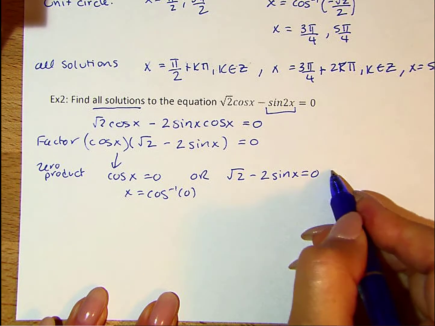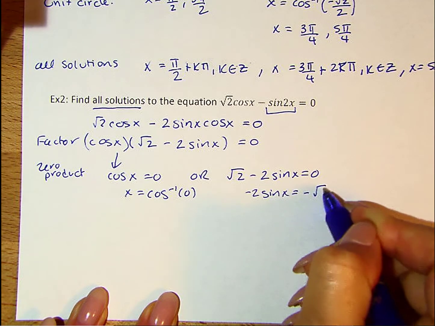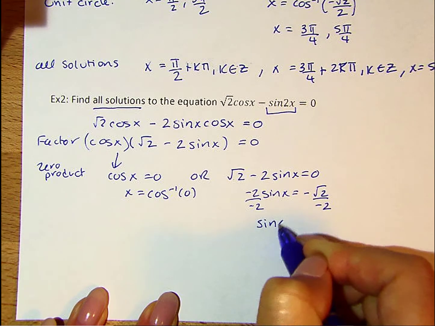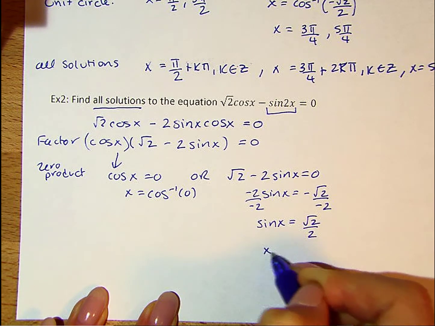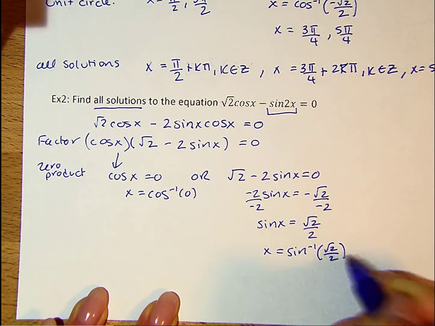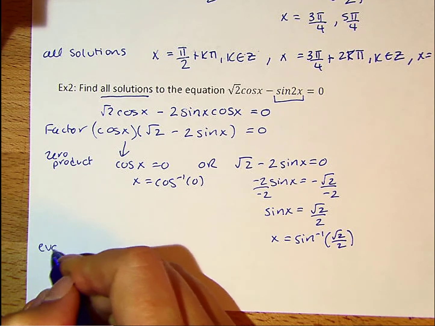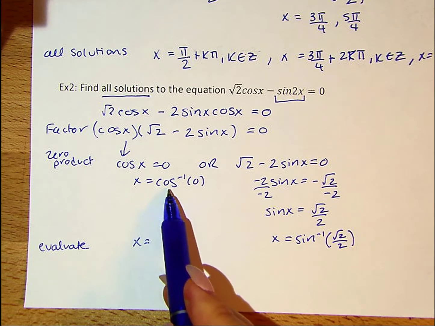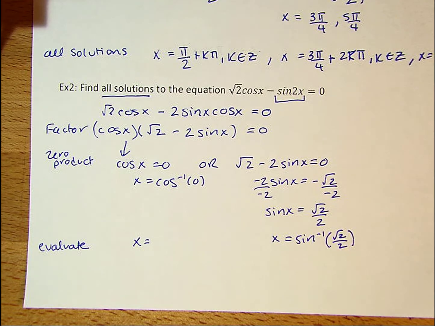So if I bring that root 2 over, I get negative root 2, divide by negative 2. So it simplifies to be a positive root 2 over 2. And then isolate our x. So then we go to our unit circle to evaluate. So we're looking at what angles do we have our x value equal to 0.